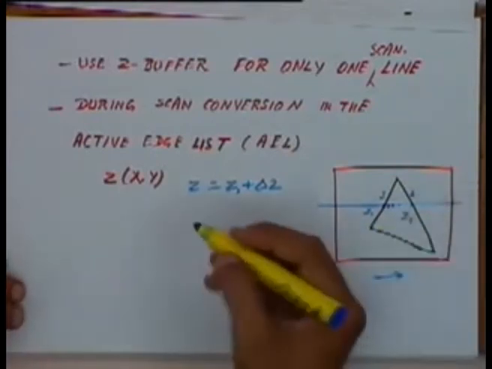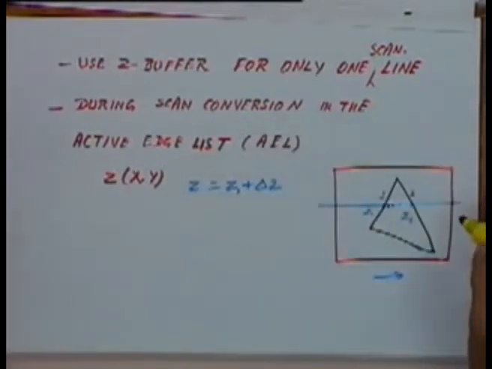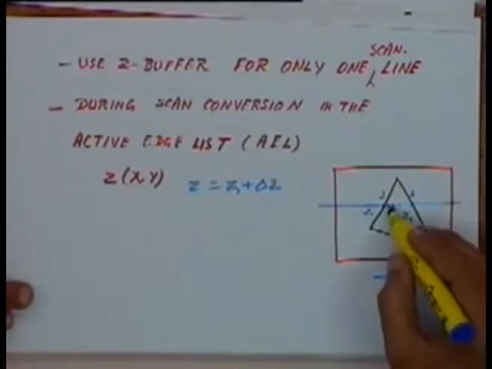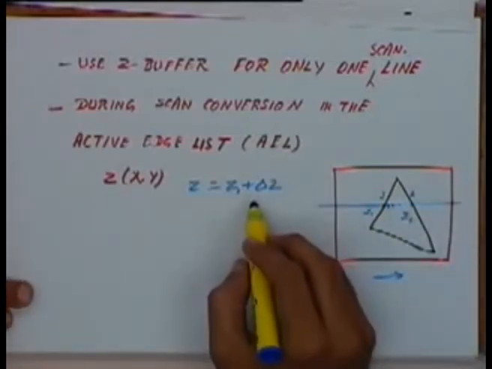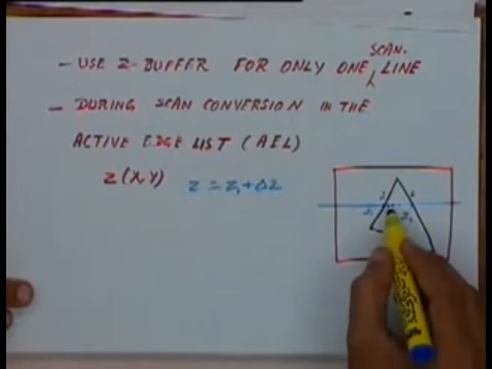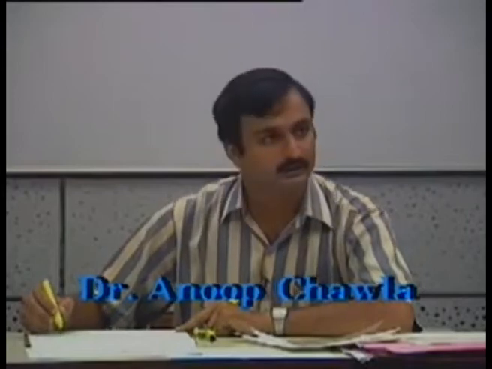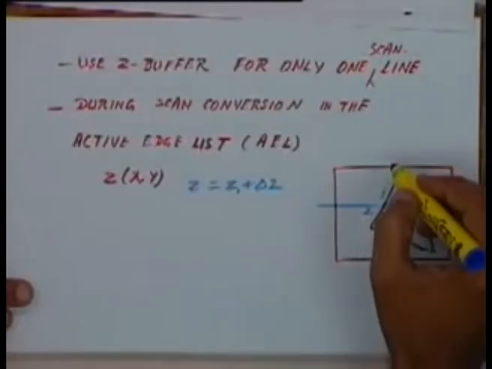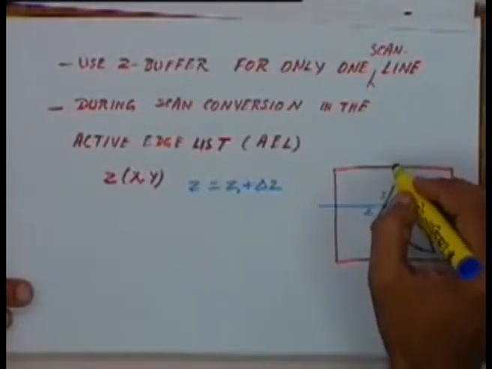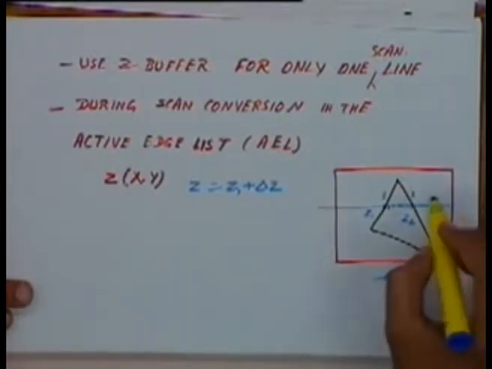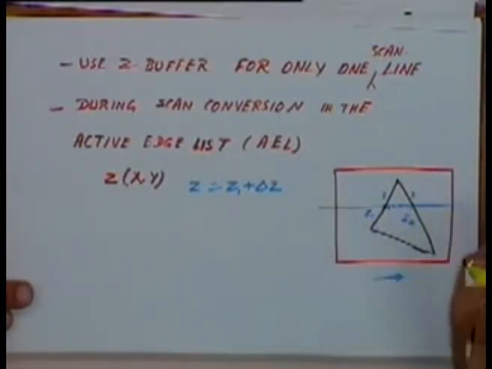The next pixel's z value will again be altered by a magnitude of delta z, where this delta z can be computed according to the slope of the plane. So if you know the z value here and we know the equation of this plane, then as we move in the x direction we can compute the z value at each and every pixel.